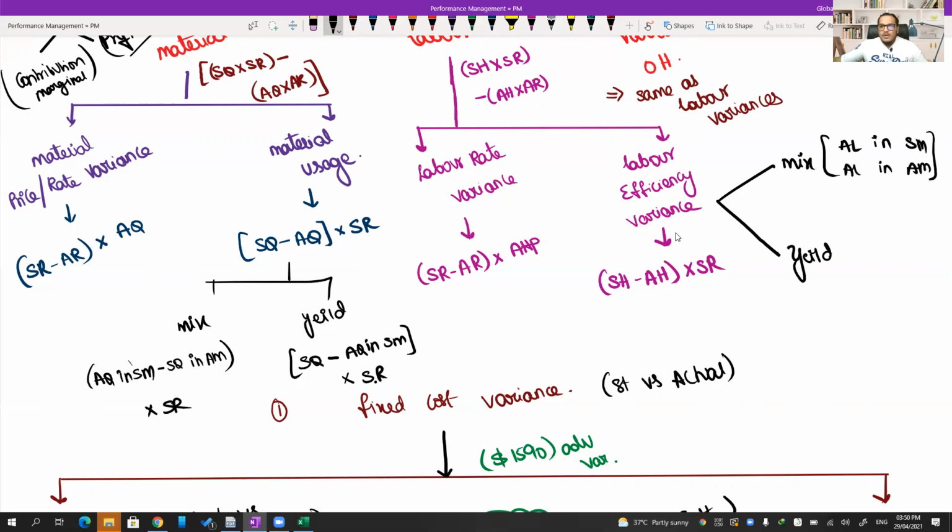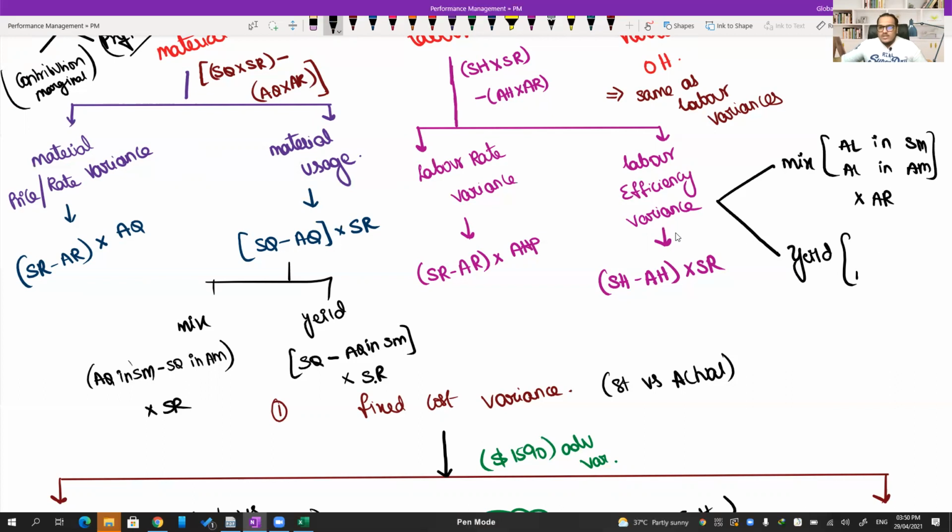Actual mix into actual rate, and yield is actual labor in standard mix. Sorry, yield should be standard.